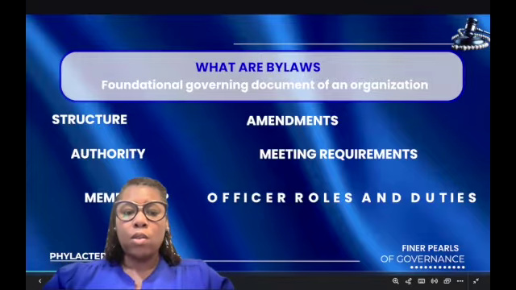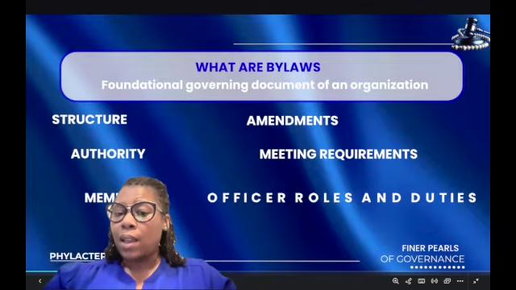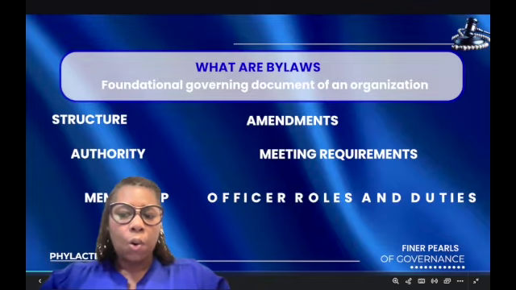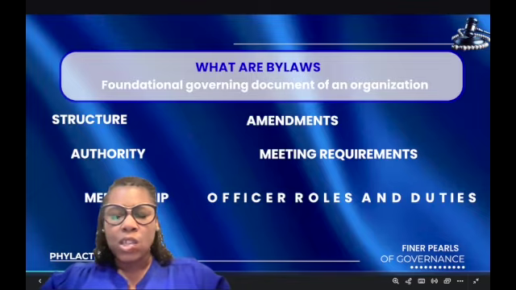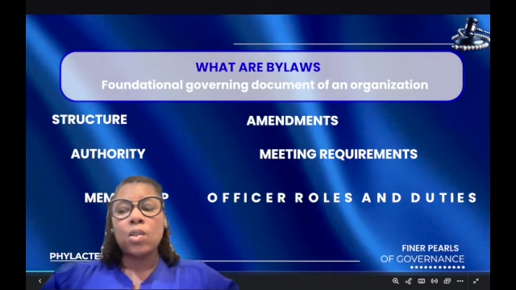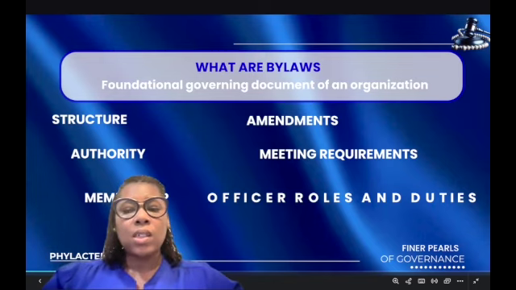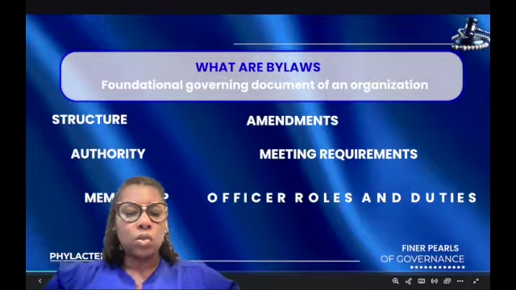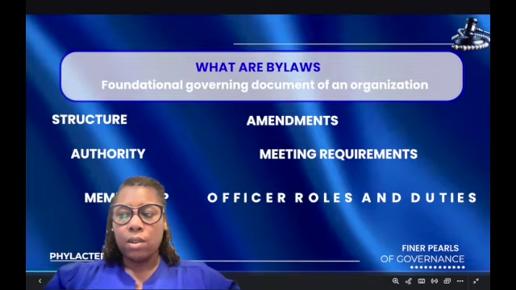They talk about who can be members, how you can amend the bylaws, what your meeting requirements are, and all officer roles and duties. And this is just some of the information that should be in your bylaws. Basically, answering the question, how is this organization formally structured and governed?